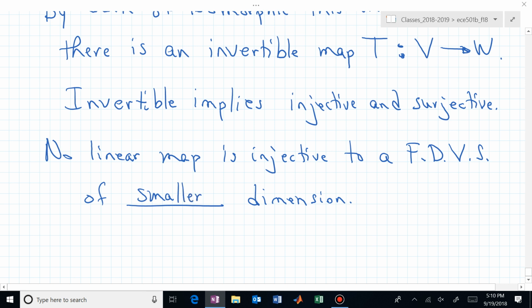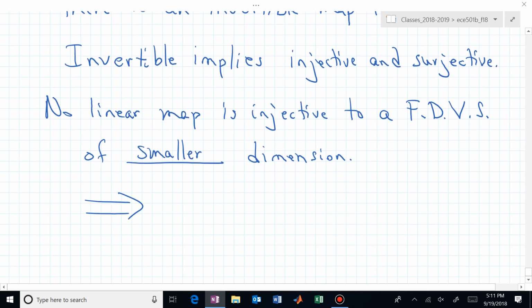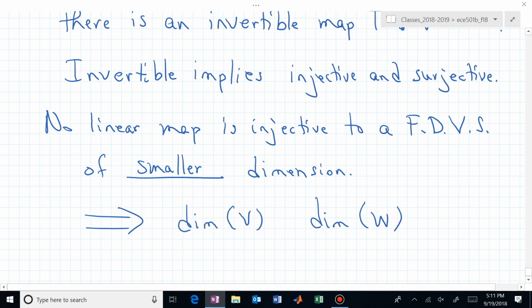dimension. So now if we have V as our input vector space and W as our output vector space, what can we say about the dimension of V relative to the dimension of W? So now we've only said that it cannot go to a smaller, right? So now what does that say about V and W?